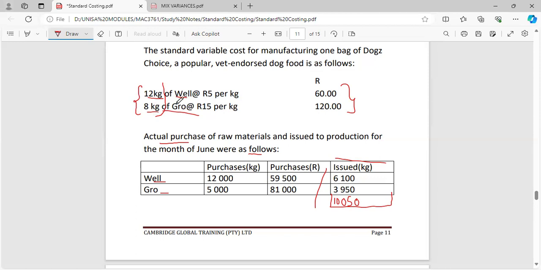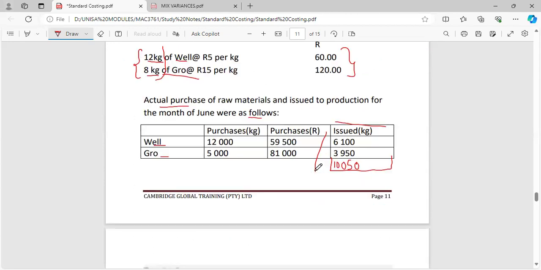So you now need to determine the mix. Your mix is going to be determined by here. There is going to be 12 kg, there is going to be 8 kg, right? Once you are done there, the next thing is to copy and paste the actual. Remember here they say the actual purchase of raw materials.